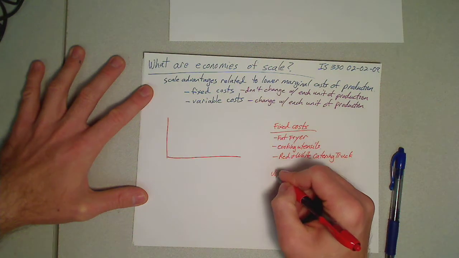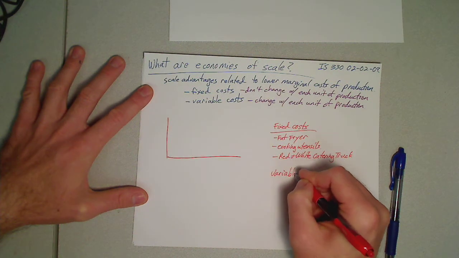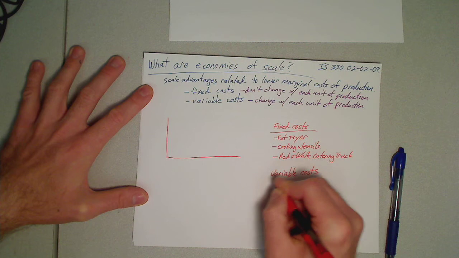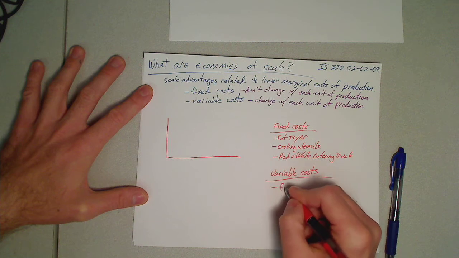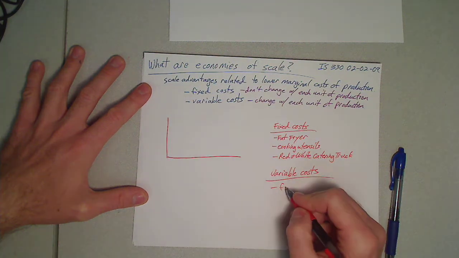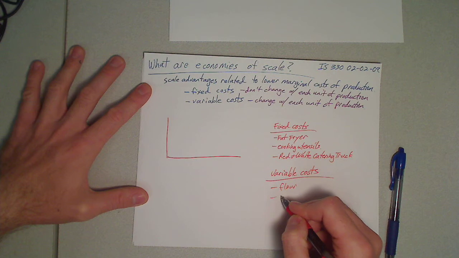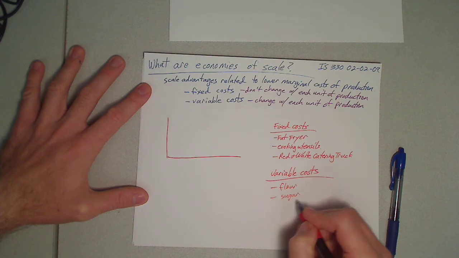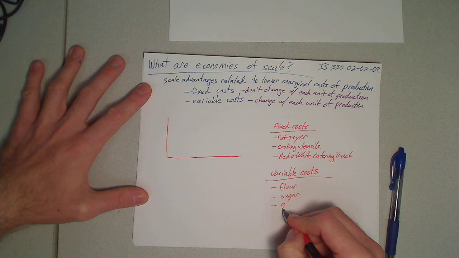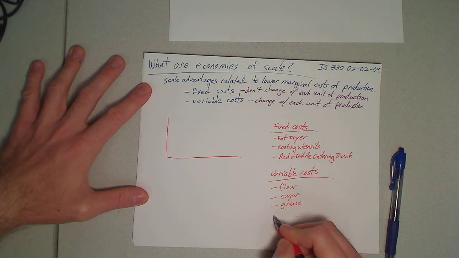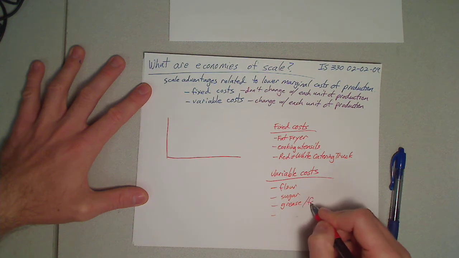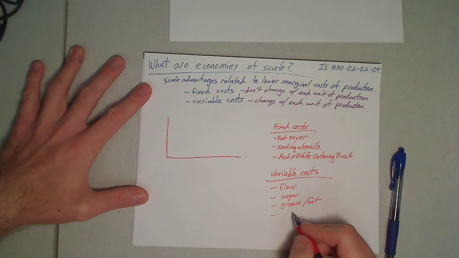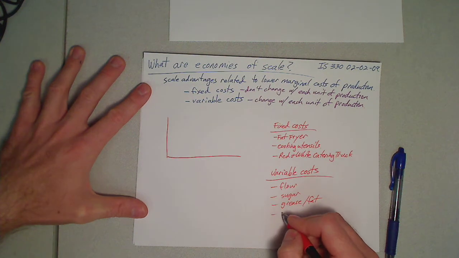My variable costs include my raw materials for my inputs, my flour, maybe my sugar, some sort of grease or fat for frying, and maybe some other fillings.